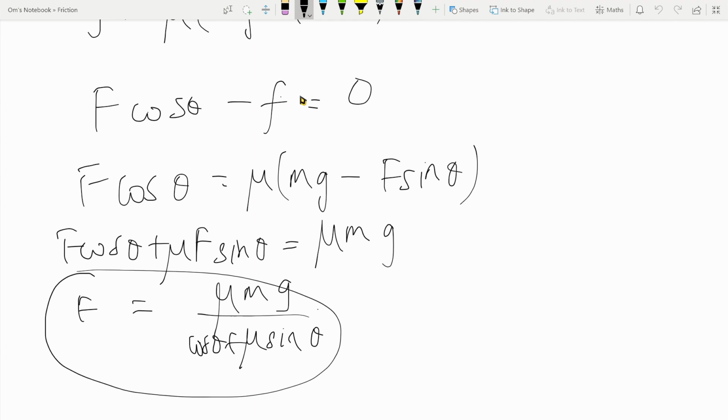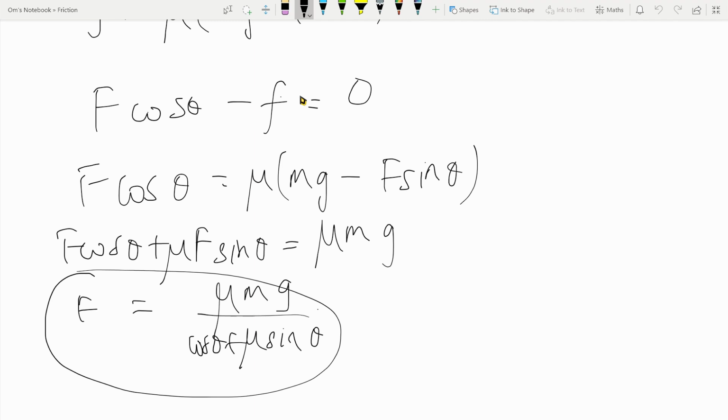For that value of theta we can substitute it back into the equation for F, and then we can find the minimum value of F.